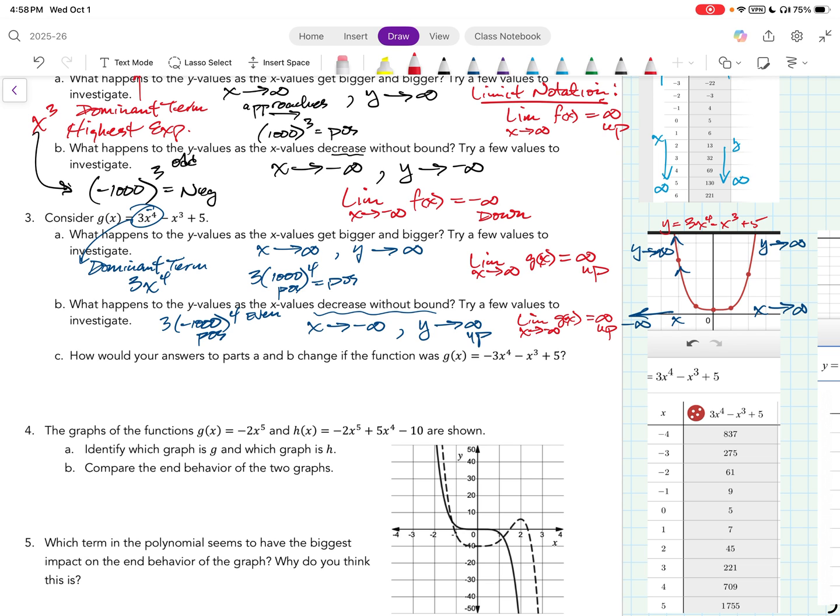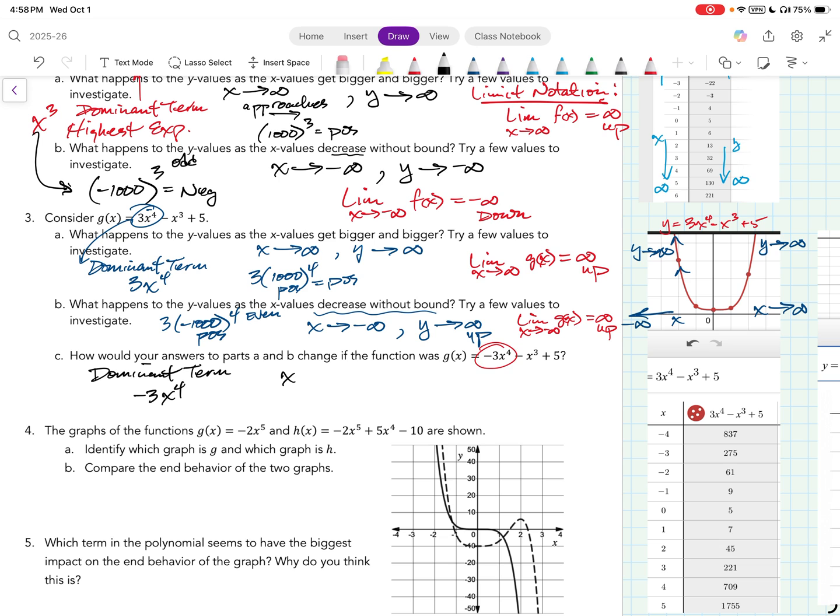Okay. Now here on part C, it says how would your answers of A and B change if the function was negative 3x to the fourth? So now our dominant term is negative 3x to the fourth. Well, now we have a negative lead coefficient.